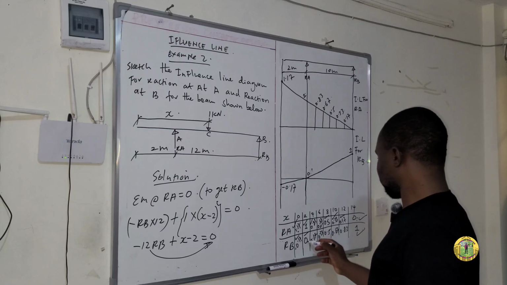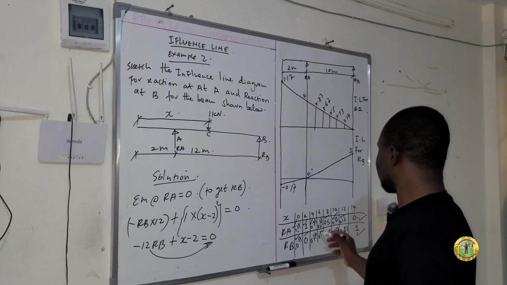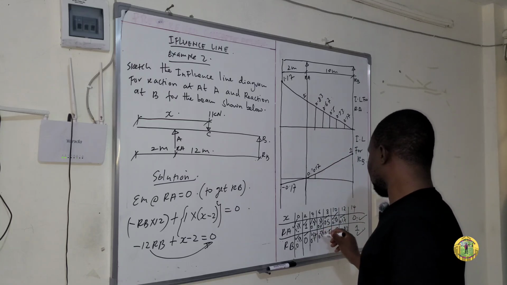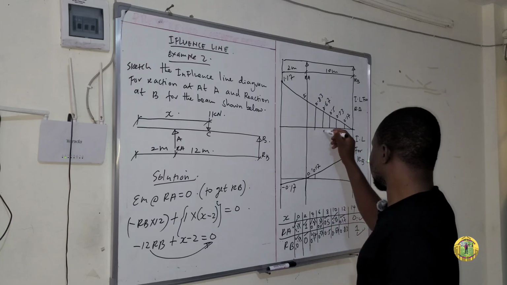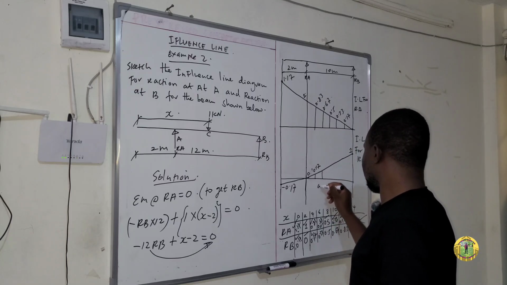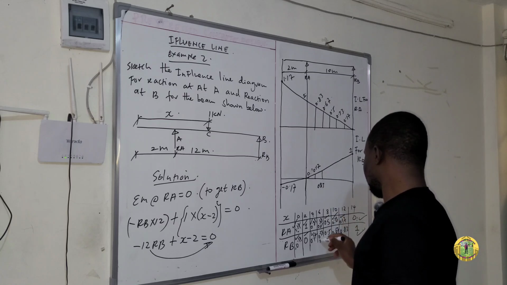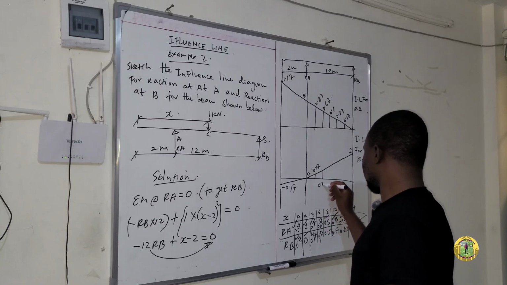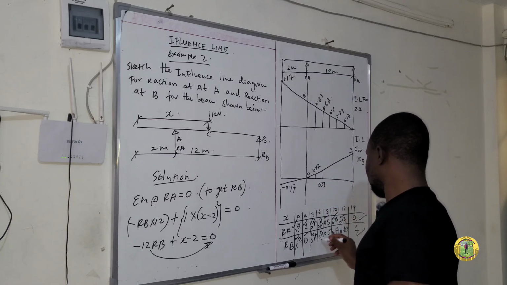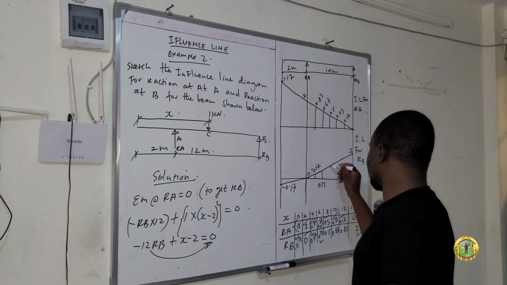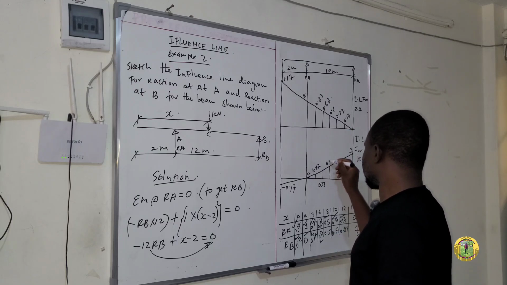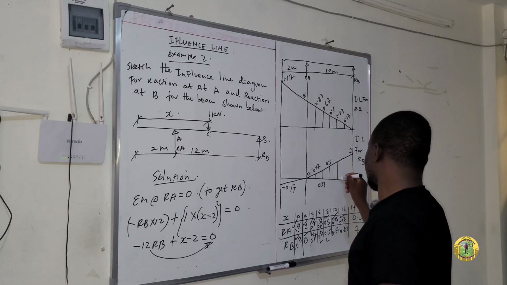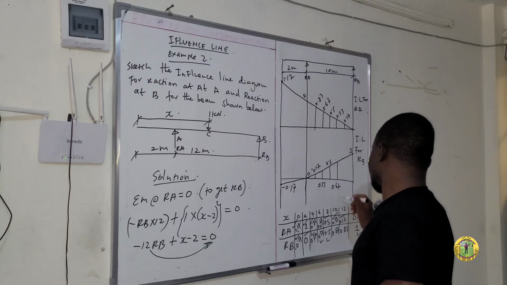Then we come to 0.17. So 0.17 done. 0.83. No, 0.33 done. 0.5 done. 0.67 done.